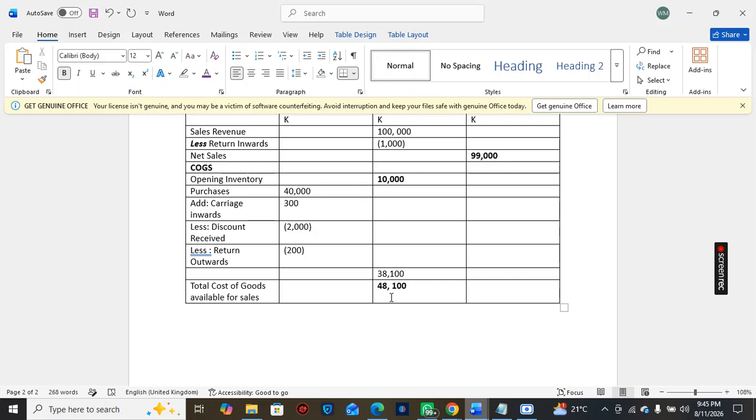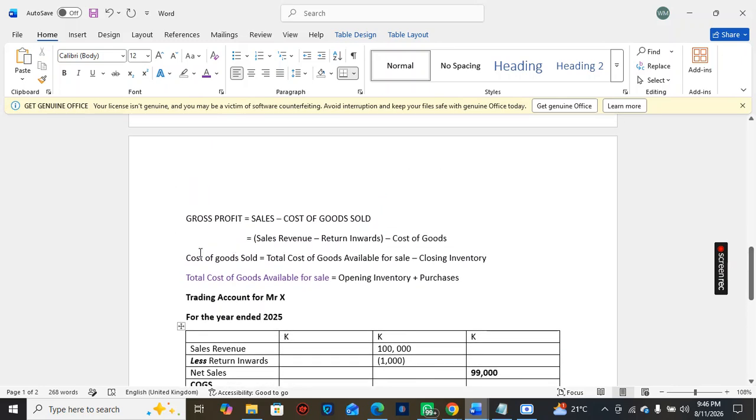Now, you're only interested in the cost of the cement that you sold for that month. This is where we come to this formula here. Cost of goods sold: total cost of goods available for sale minus closing inventory.